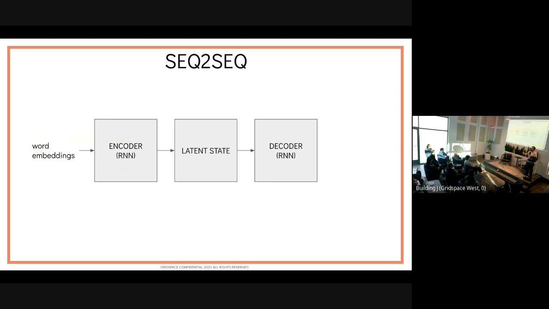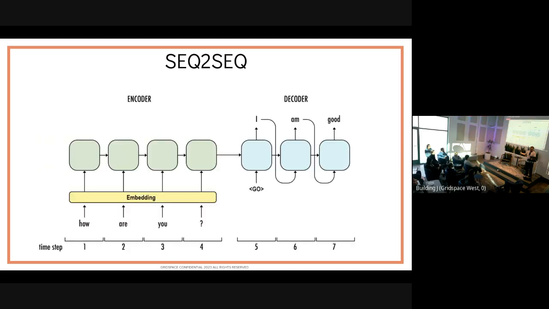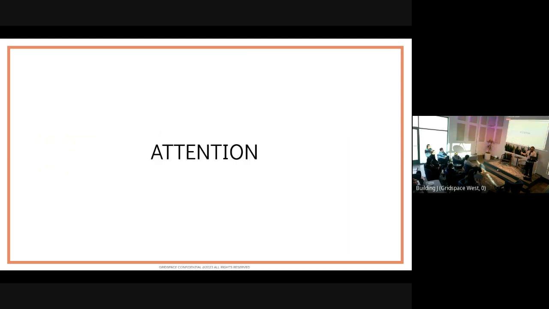If you've ever translated between languages, this is pretty familiar. So having this latent state that encodes an idea and then decoding it again was a pretty big breakthrough. This encoder-decoder model, you see that in other fields long before you saw it here. Here's a picture that shows it in a little bit more detail.